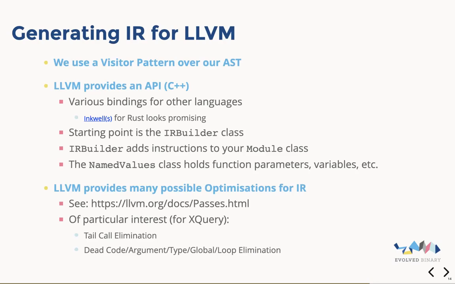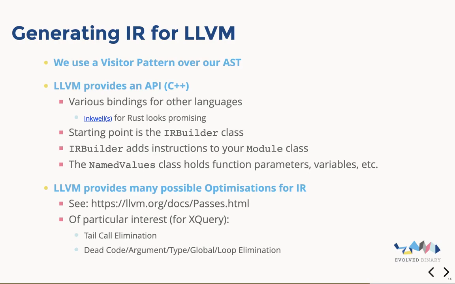So we have an application, which is basically a glorified visitor pattern that does a recursive descent over our abstract syntax tree. And for each node or structure in our tree, it calls a codegen function. And that codegen is responsible for generating the IR for that node and its dependencies.